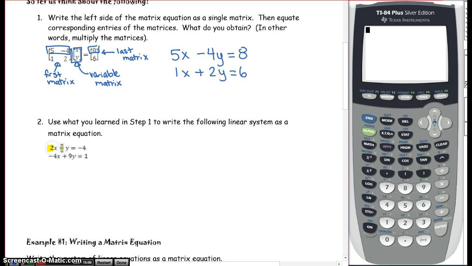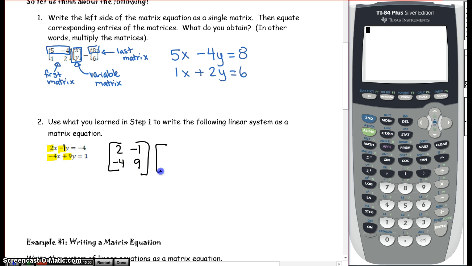So 2 is first, negative x is a negative 1, negative 4 is next, and positive 9 is next. Those highlighted values will create our first matrix. So I'm going to put a 1 there. So our first matrix will be 2, negative 1, negative 4, and 9.